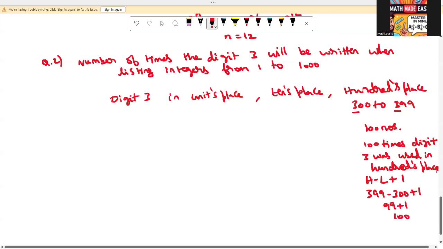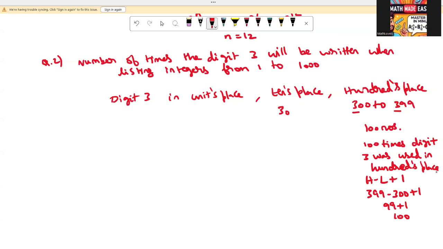Now let's talk about tens place. So you have from 30 to 39. Digit 3 being in tens place, this will come in all the series from 30 to 39, 130 to 139, 230 to 239, so on till 930 to 939.